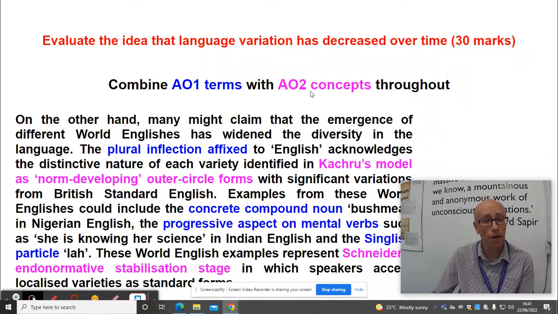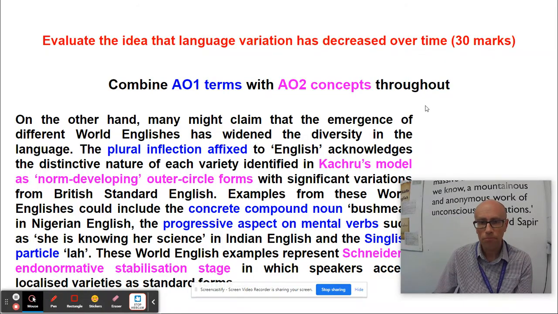And they have been combined with those AO2 concepts, which you certainly wouldn't have used at GCSE level. So Kachru's model as a norm developing outer circle and Schneider's endonormative stabilization stage. If you're puzzled about what those mean, like the Schneider one, again, it's in the textbook. Look under the section on the World Englishes.